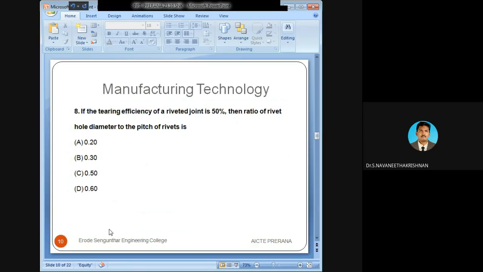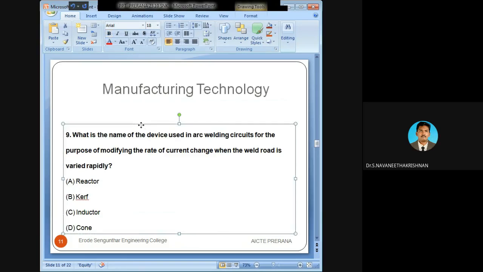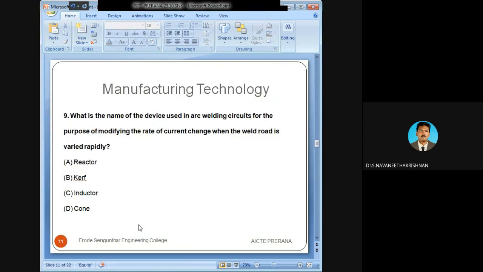The next question is: what is the name of the device used in an arc welding circuit for the purpose of modifying the rate of current change when the weld rod is varied rapidly?